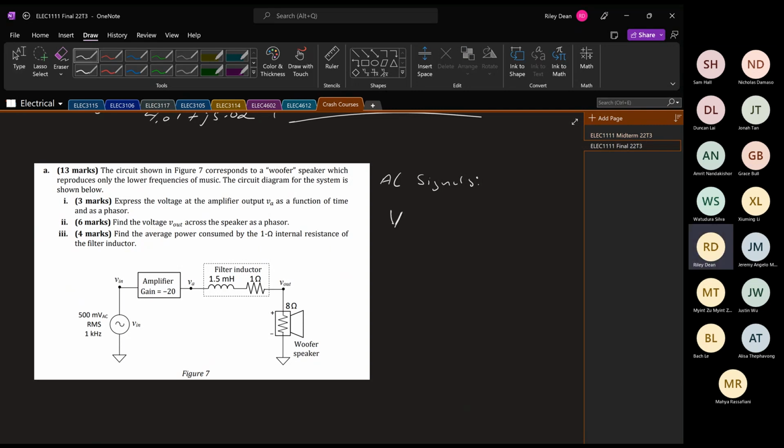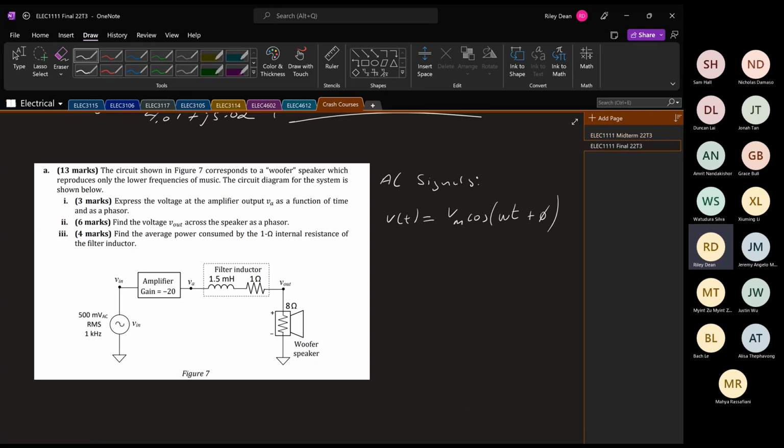So say I just wanted to say V(t) equals, awesome, cosine omega t plus phi, like so.